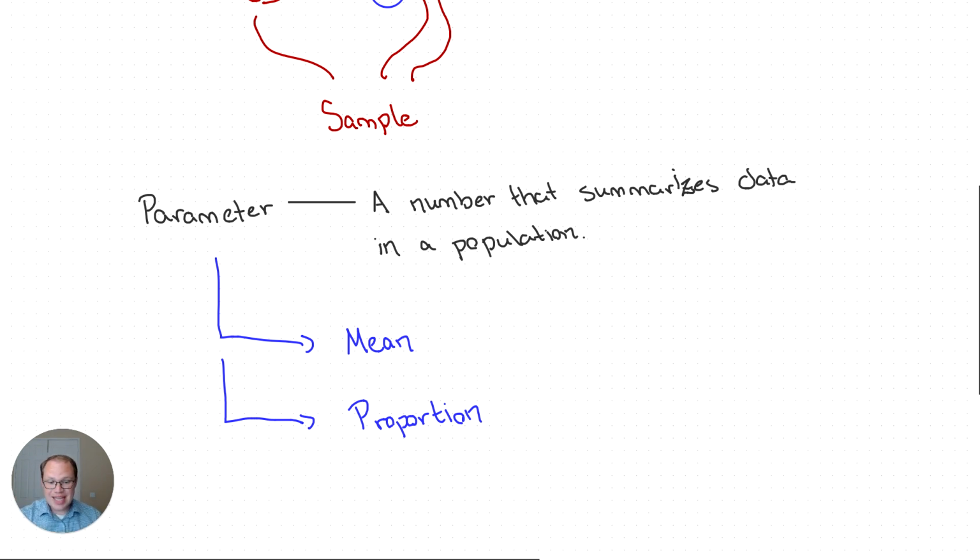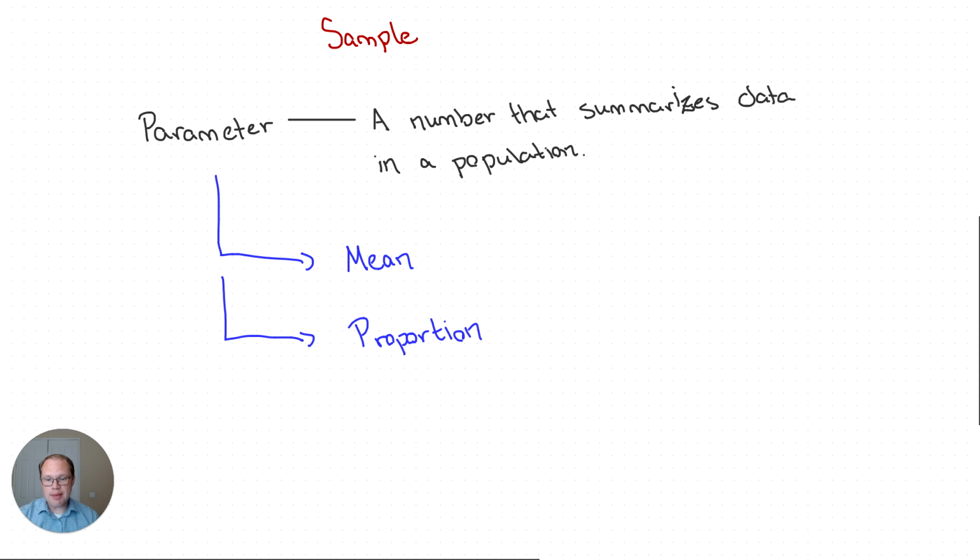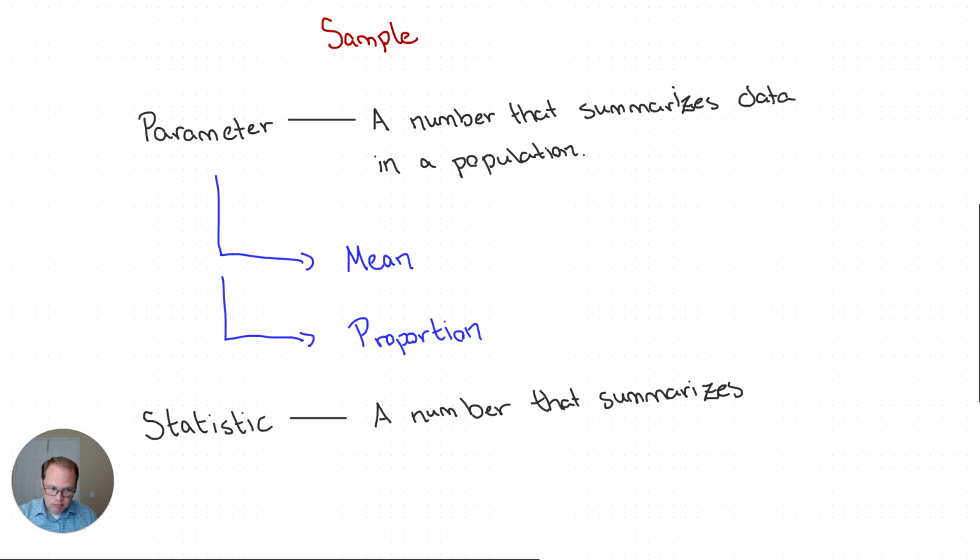So instead we use our sample. When we find the same value in a sample, we call it a statistic. A statistic is a number that summarizes data in a sample and estimates a parameter.